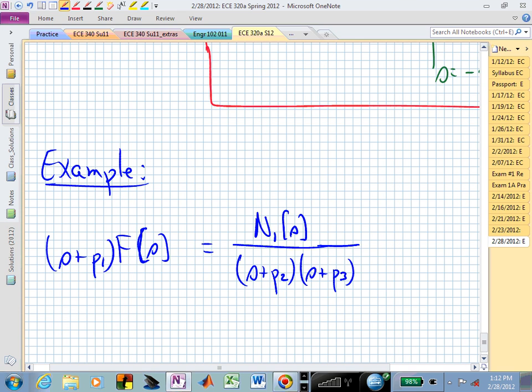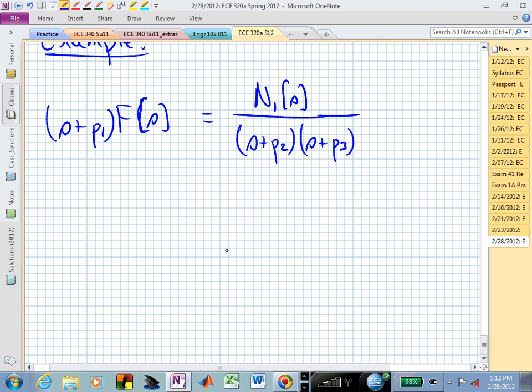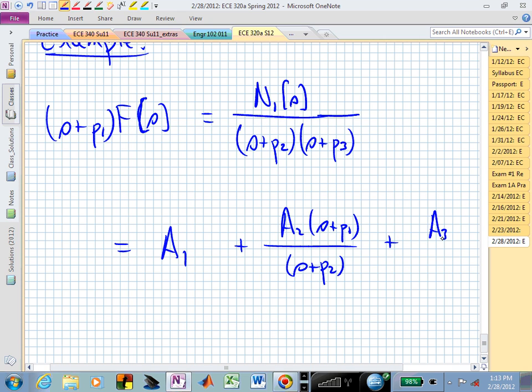That's what I've done effectively. And now that needs to equal A1, which when hit by s plus p1, those two factors cancel, and all I am left with is the coefficient I'm trying to evaluate for, which is A sub 1. Then on the other pieces, I have this A sub 2 times s plus p1 over s plus p2, and I have A sub 3 times s plus p1 over s plus p sub 3.